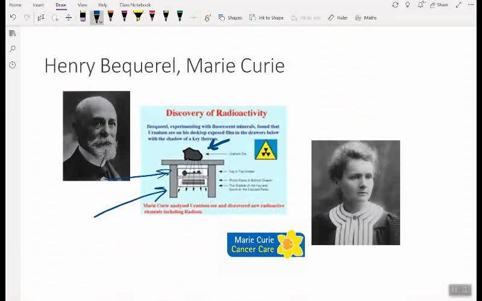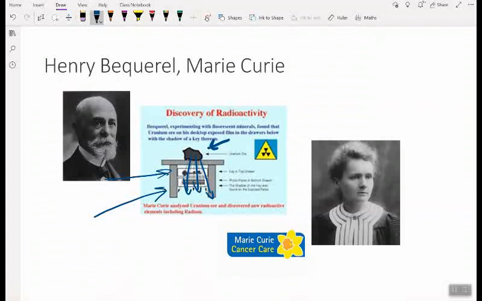He went to use his photographic film and realised he'd got an image of a key on there. So he realised that although he couldn't see it, there was something shooting off that uranium ore, some of these uranium salts, and it affected his film that hadn't been exposed to any light. So he realised that there was something coming off there.